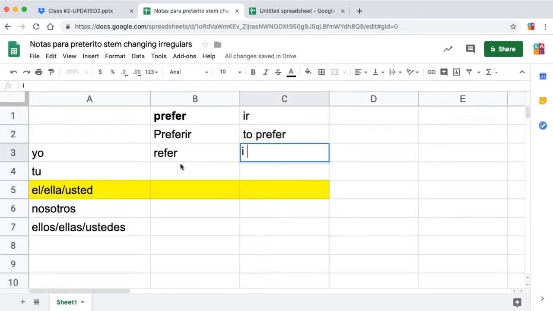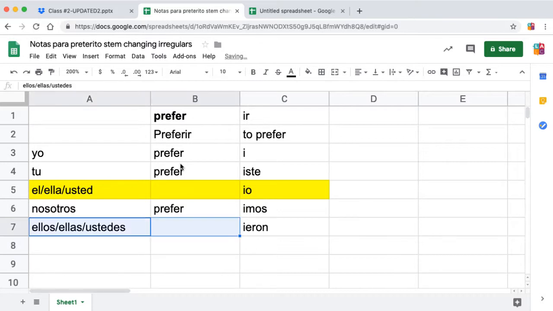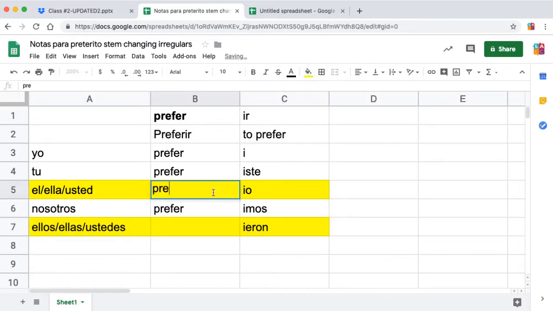Preferí, preferiste, prefirió, preferimos, preferieron. Okay, that's the ending. So this one doesn't change except in ellos, right? So in this case, you see, prefirió. And this is ellos prefirieron, okay?